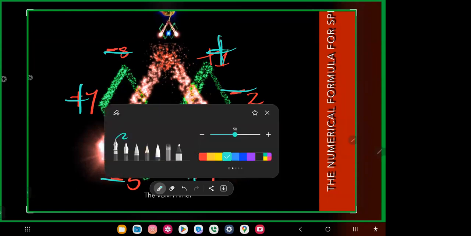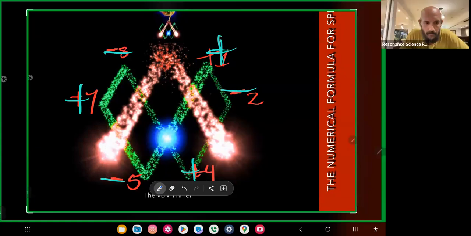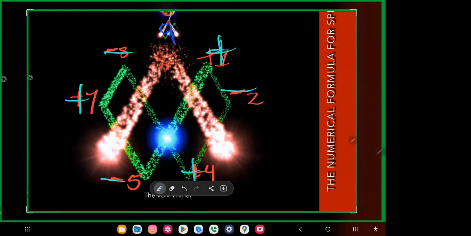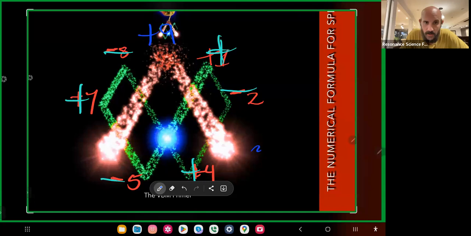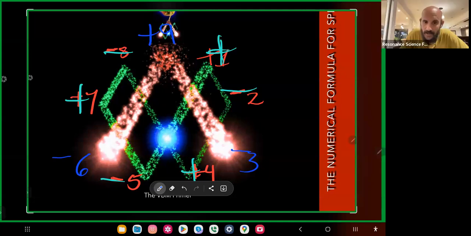This is where it gets hard. When 9 is positive, 3 and 6 are both negative at the same time.